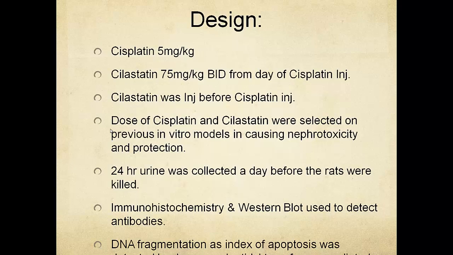So what this means is that we already know from in vitro studies that this dose of cisplatin causes nephrotoxicity, and that this dose of cilastatin provides protection. A 24-hour urine sample was collected a day before the rats were killed. Immunohistochemistry and Western blot were used to detect antibodies. DNA fragmentation was also used as an index of apoptosis.